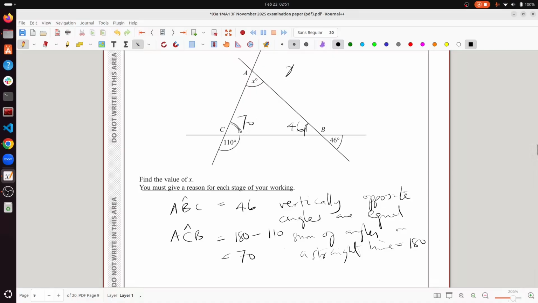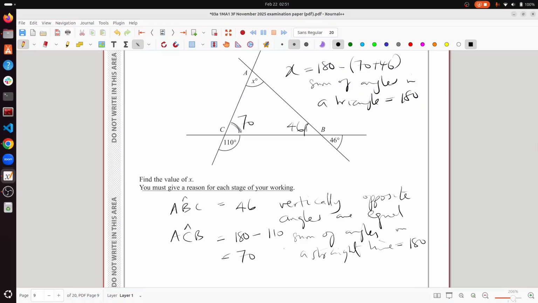And finally, so here is 70, I can find what the value of my x is. So that is 180 take away 70 plus 46. And my reason for that is sum of angles in a triangle equals 180.